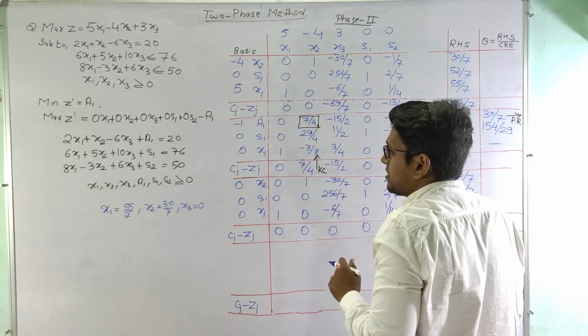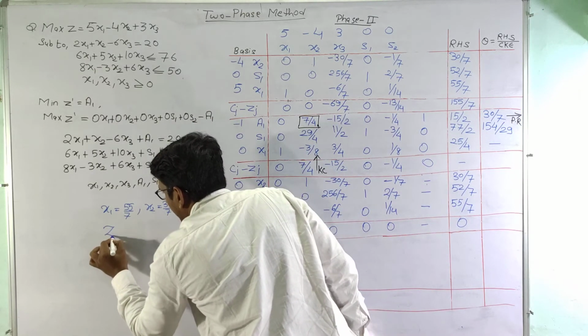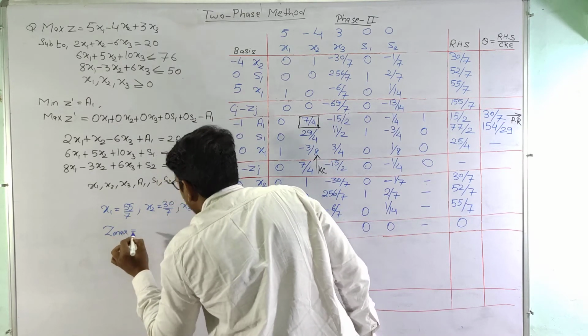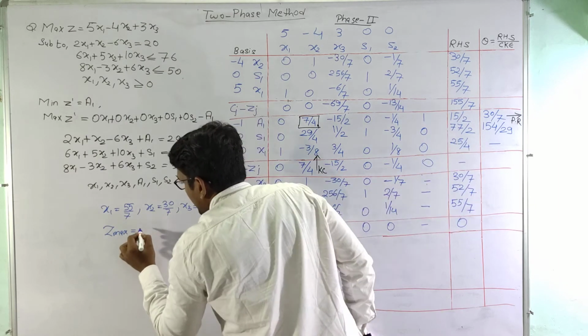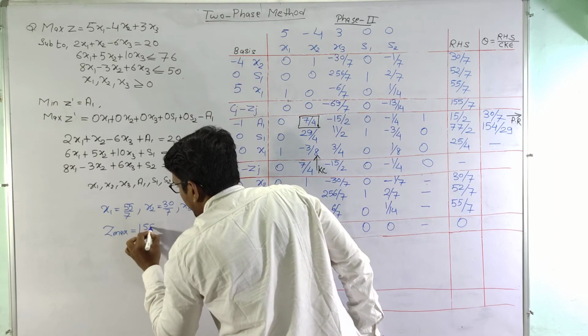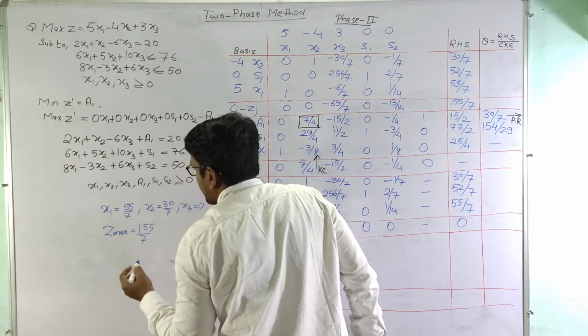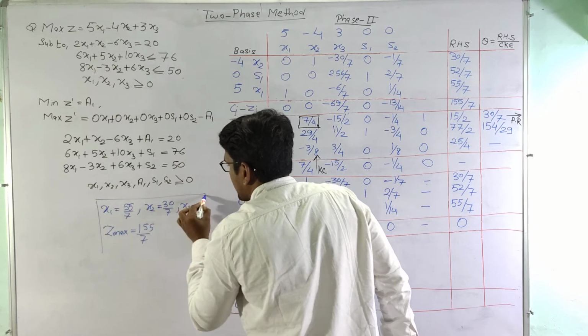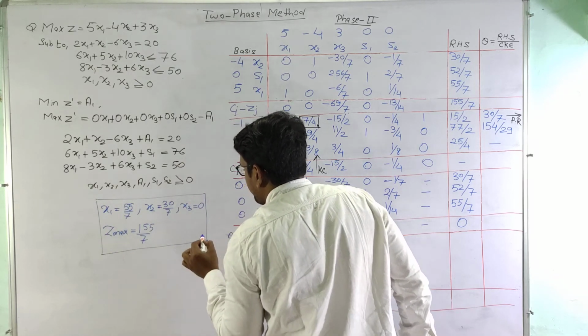So the value of x3 is 0, and the Z max is coming as 155 by 7. Okay, so this is our final solution.